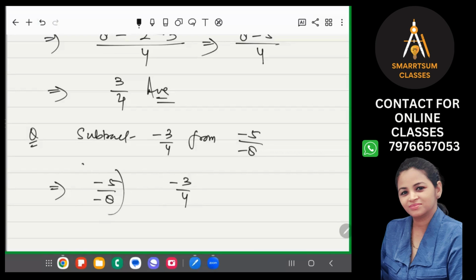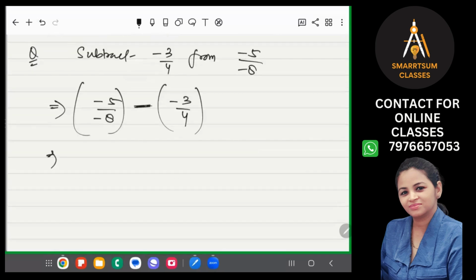So put them in the bracket and put a negative sign because you are subtracting, right? If it was addition, an addition sign would come here. Is that clear? Now, when both numerator and denominator are negative, this is a positive rational number. So instead of writing minus 5 by minus 8, you can simply write it as 5 by 8. Minus 3 by 4.